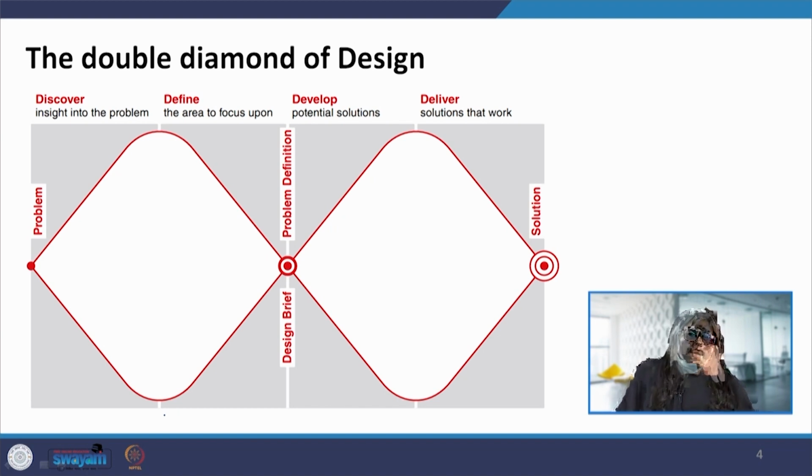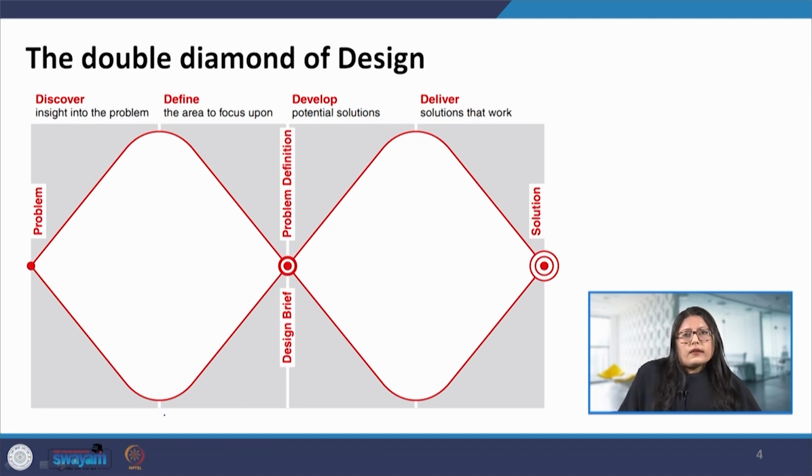products such as Apple and Microsoft, they use the double diamond process to problem solving. So, we can broadly break this process into 2 parts. One is the problem space and the other is the solution phase.